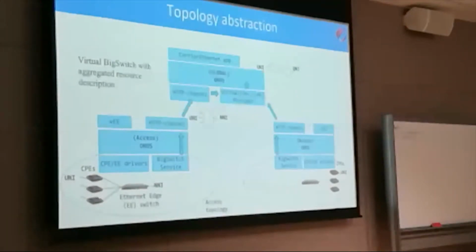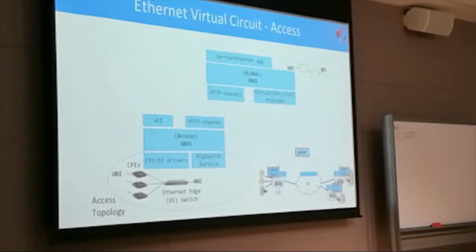In this case, we have implemented a carrier Ethernet service, and so we need the user-to-network interface where customers attach their local networks, and the network-to-network interfaces. In the global ONOS, there is a virtual provider that notifies these virtual items, and then we are ready to satisfy customer requests, in this case the specific Ethernet virtual circuits request.